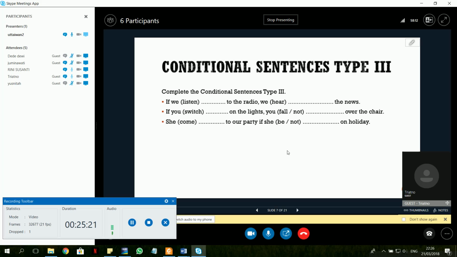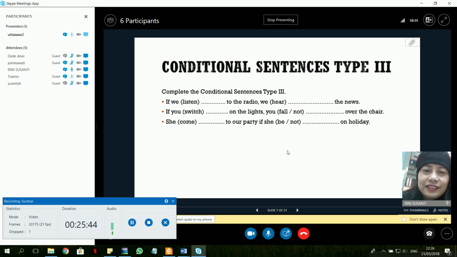She would have come to our party if she had not been, she had not.